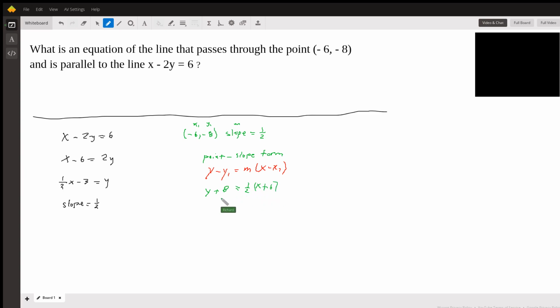And we'll distribute that half, so I'm going to get y plus 8 is equal to 1/2 x plus 3. And I'll subtract 8 from both sides, and I'll get y equals 1/2 x minus 5. So that's the equation of the line that's parallel to this first one and goes through -6, -8.